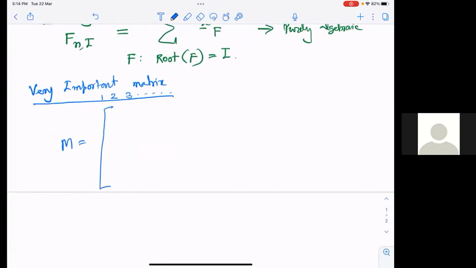I'm not writing that index thing again. I'm writing it like a rectangular matrix, but actually it's a square matrix; because of the space constraint I'm not able to write it properly.